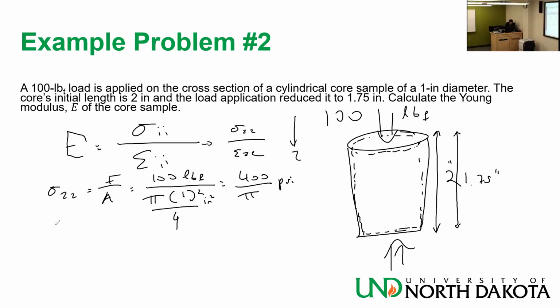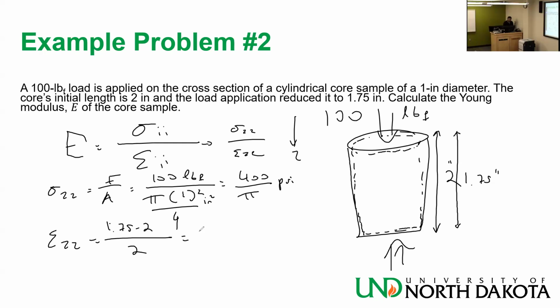Okay, what is the strain? Strain is the change in the height, delta z, which is 2 minus 1.75, or more properly, new minus old. If you do it properly, it's 1.75 minus 2, divided by 2.